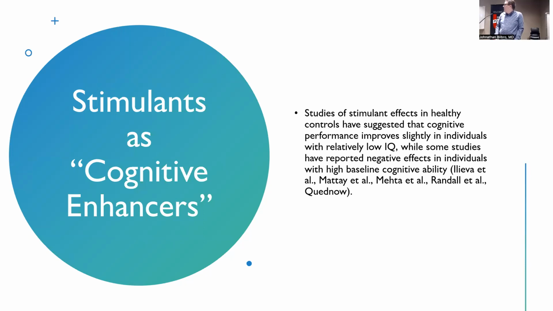A short note here that people often want stimulants to use as cognitive enhancers. The data is a little mixed on how much they really help individuals without ADHD from a cognitive standpoint.